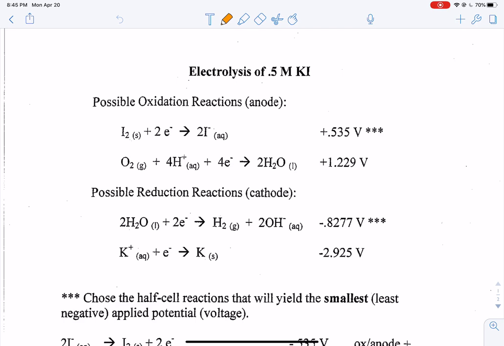That means that as you increase the voltage of your power supply, the very first reaction that is possible will occur, the one that requires the least amount of voltage, the one that has the lowest hurdle to jump over. And that would be a reaction that has the least difference between the two reduction potentials. And that least difference would be this one and this one.